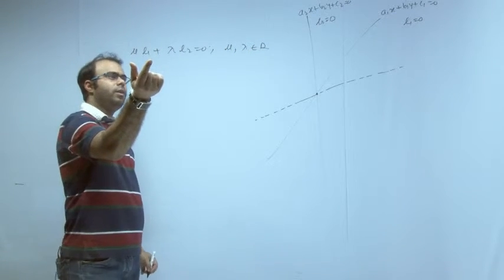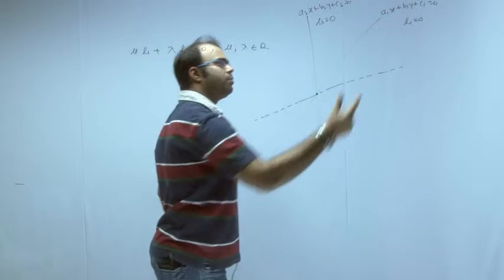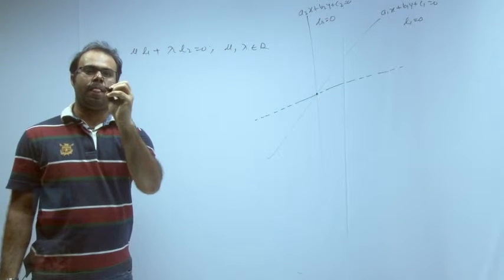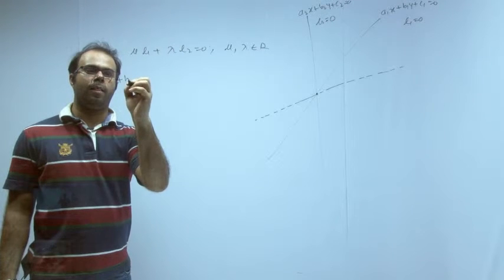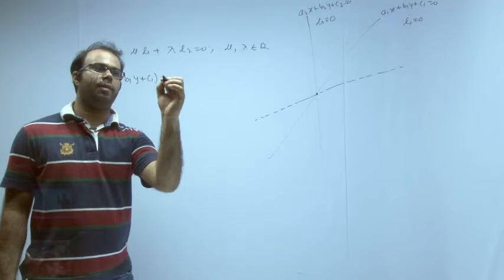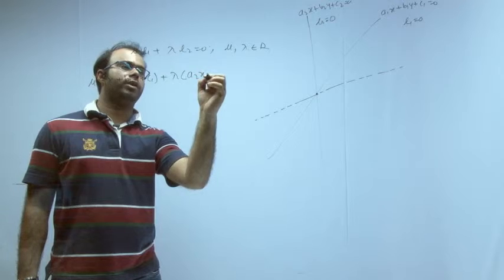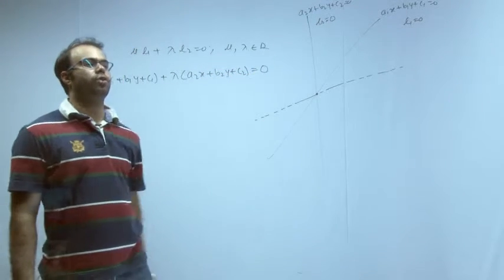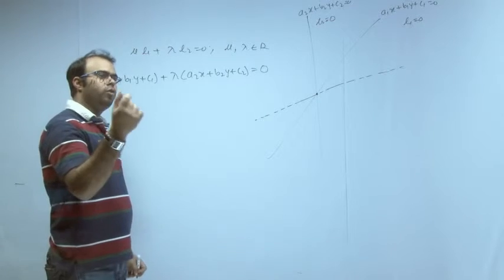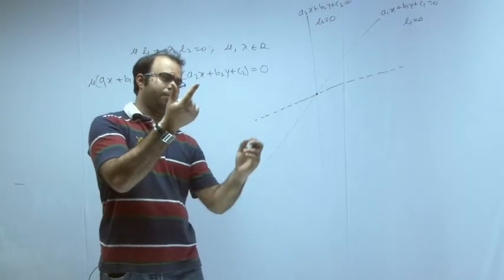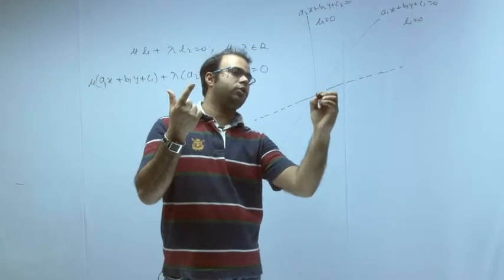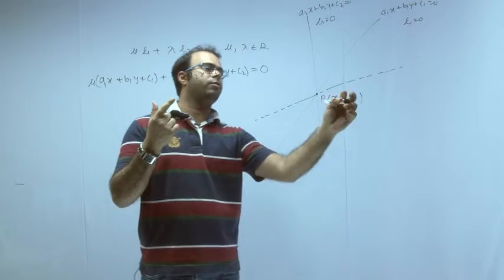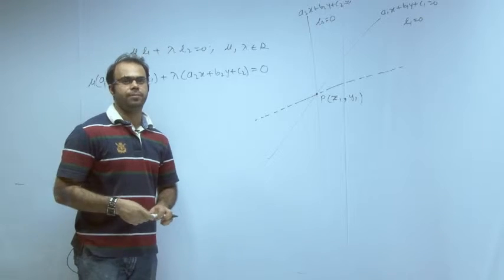What do you mean by mu L1? Mu into a1x plus b1y plus c1, plus lambda into a2x plus b2y plus c2 equal to 0. Now we know that if this line is passing through the intersection of these two lines, that must be satisfied by this point x1, y1, which is the point of intersection of both the lines.